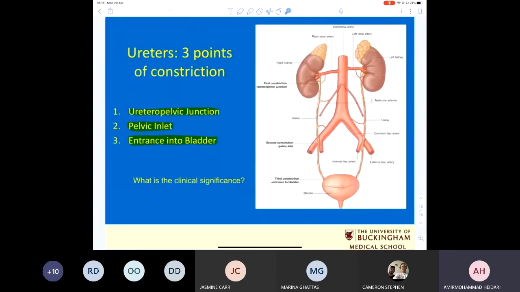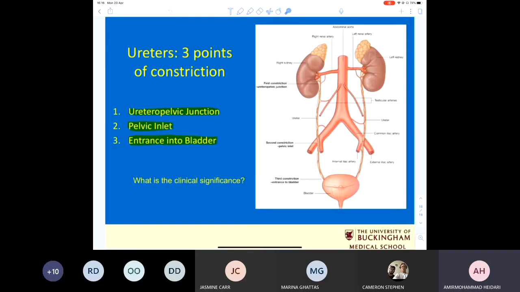Now, this slide is very, very, very important. Please study this properly. This slide just points out several stricture points, where the ureter becomes narrow, and you can have stones being stuck there, causing colicky pain.